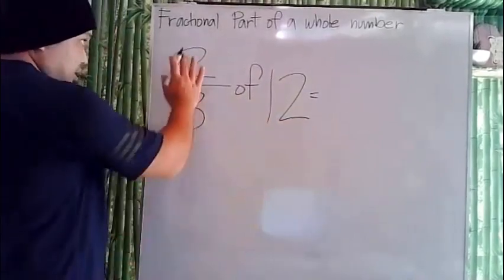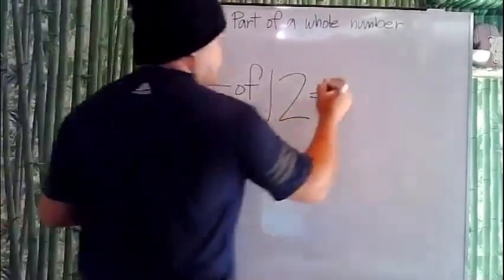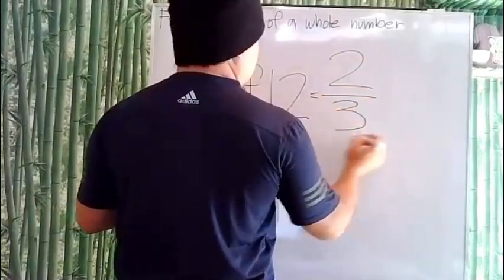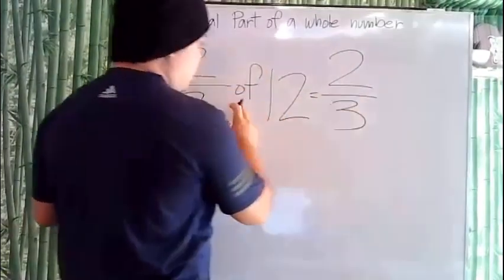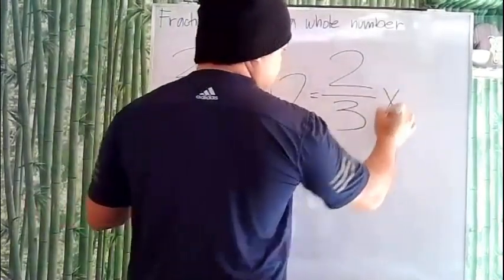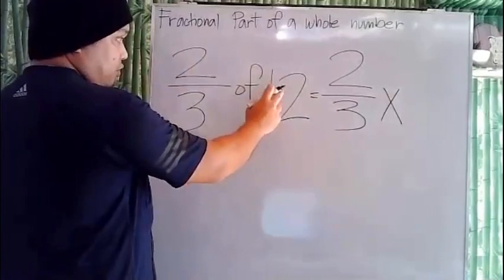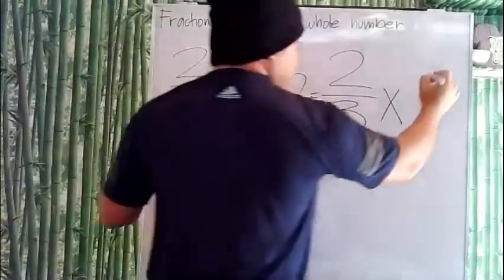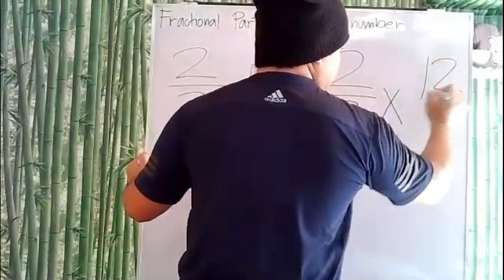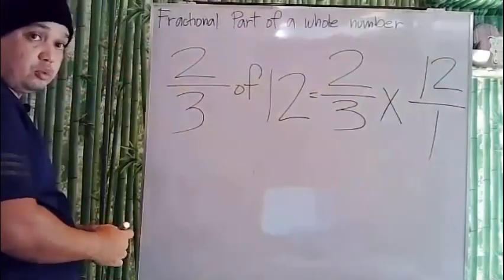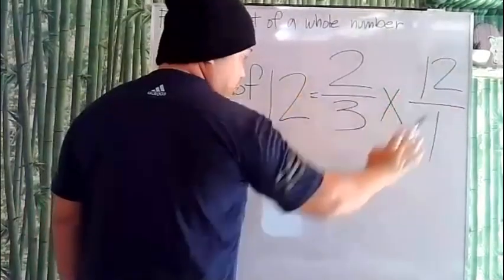To answer this, let's copy 2/3. Change "of" into multiply. And change 12 into a fraction, which is 12 over 1. Then we are going to multiply these two fractions.